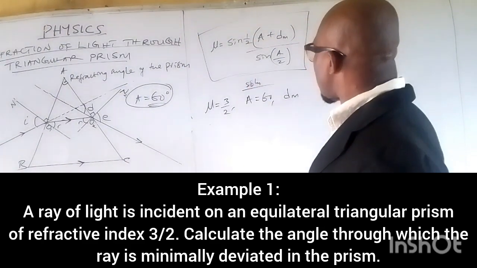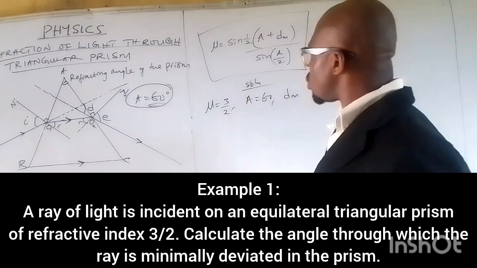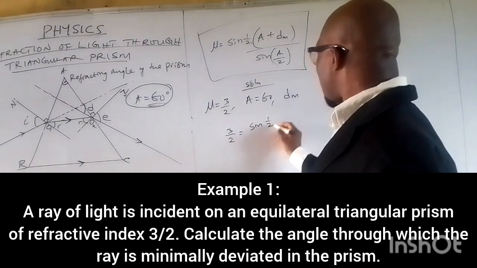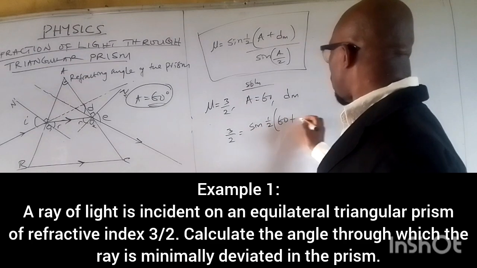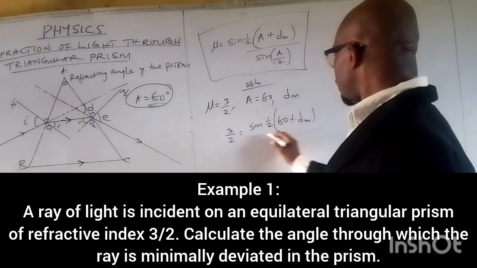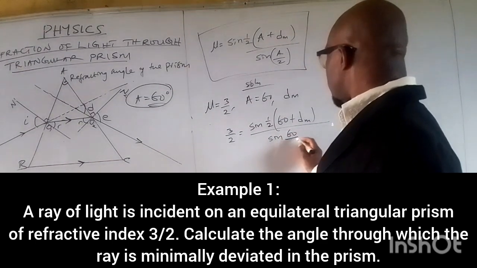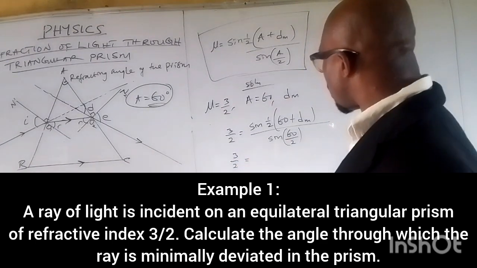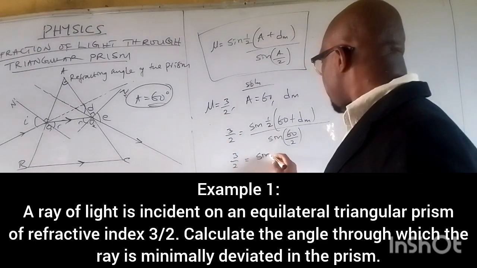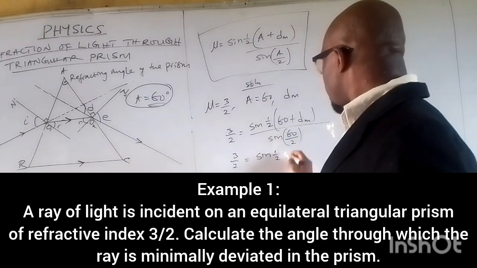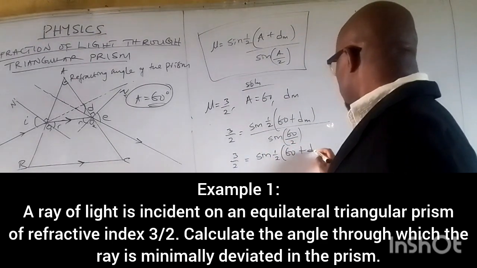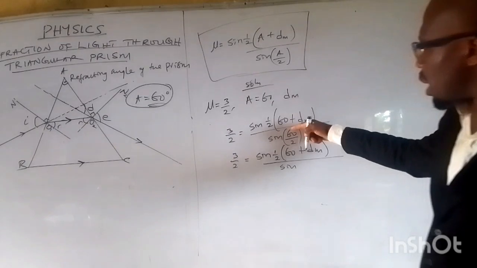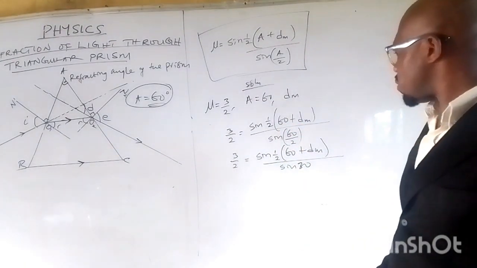So we substitute into this formula. We have 3 over 2 is equal to sine half into (60 plus D min) all over sine 60 over 2, which will give us 3 over 2 is equal to sine half into (60 plus D min) over sine 30.